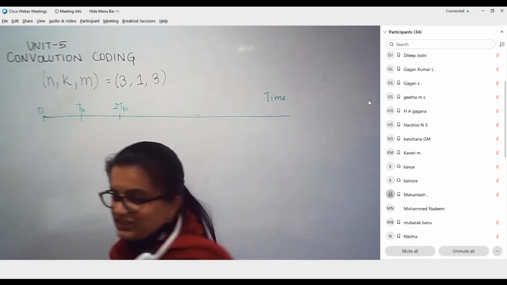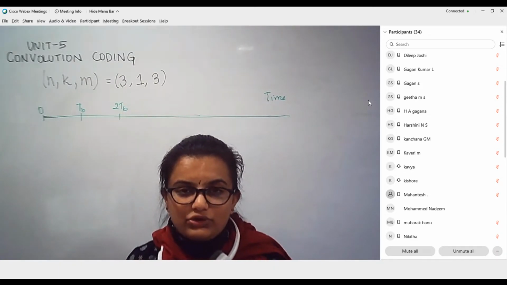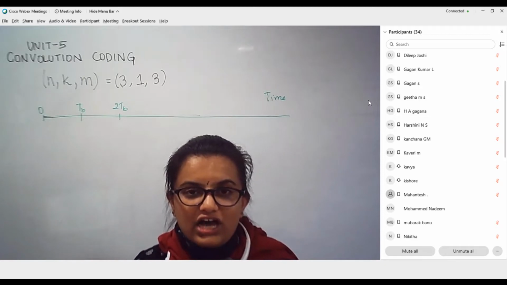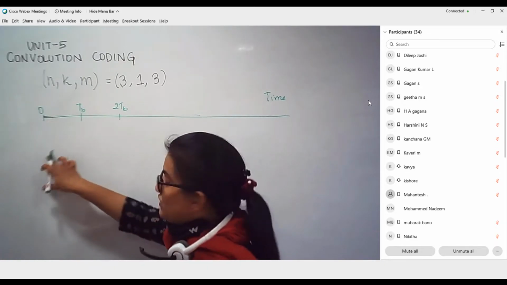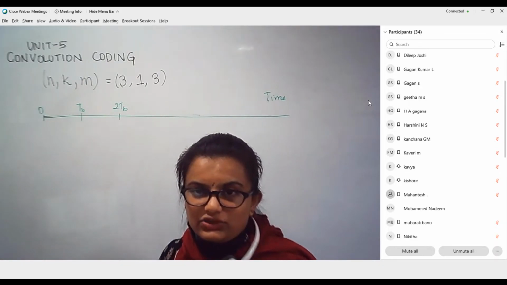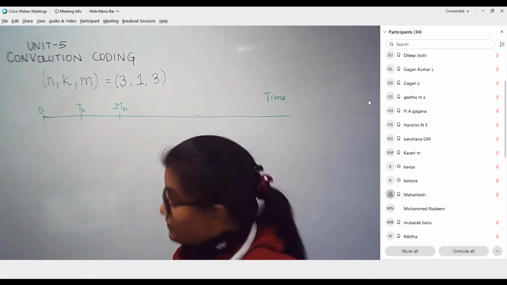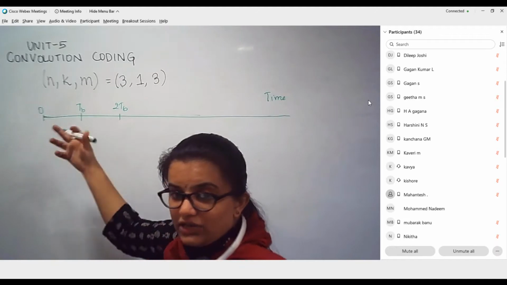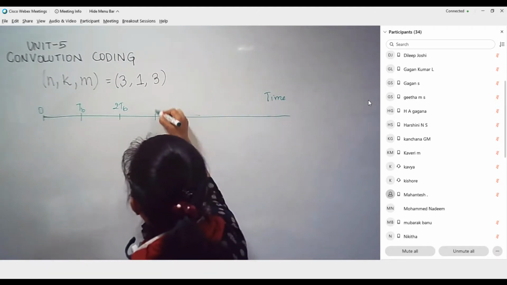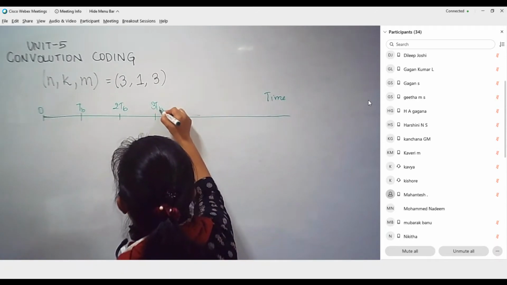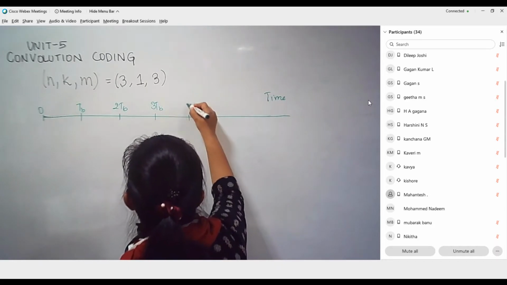Why we are considering TB is because the input bits are coming at a rate RB. So therefore, every processing, the flip-flops that you are using will have the clock rate at least equal to the rate of RB. So therefore, the processing will happen within 1 bit duration, that is TB.